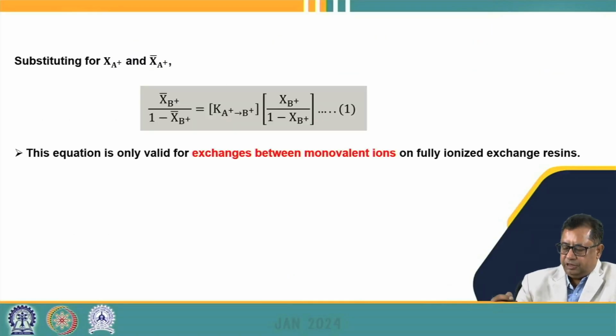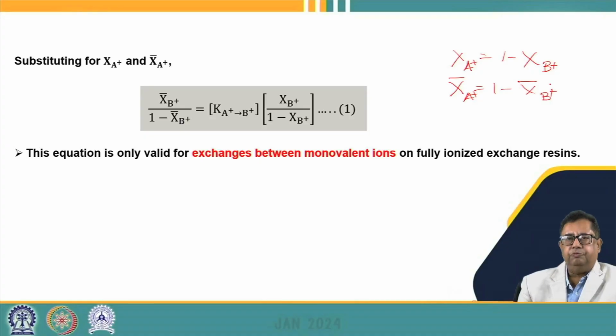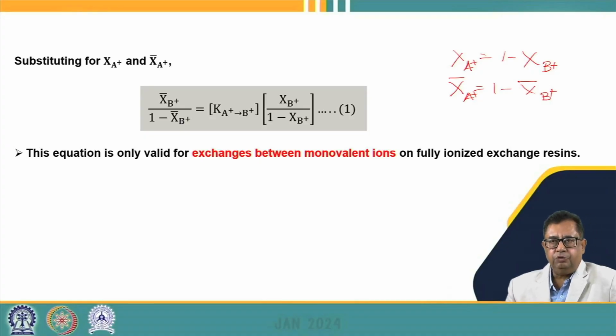So now x A plus will be equal to 1 minus x B plus. Similarly, x bar A plus will be equal to 1 minus x bar B plus, because when we add these two fractions they come equal to 1.